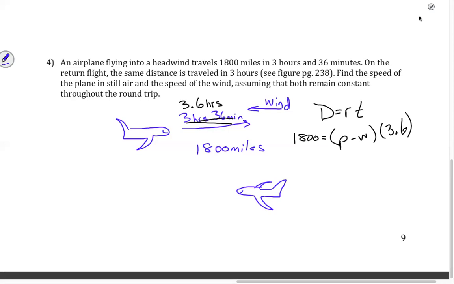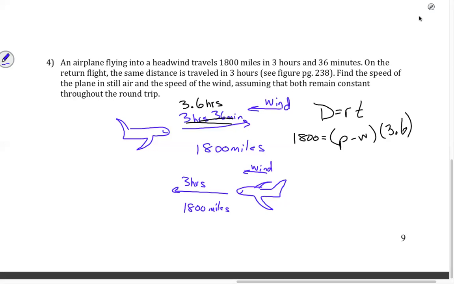Now, Hansi, I hope you're drawing these pictures, Hansi. I am. Now, Hansi, on the way home, it only takes me 3 hours. Don't worry, I won't ask you that as a decimal.